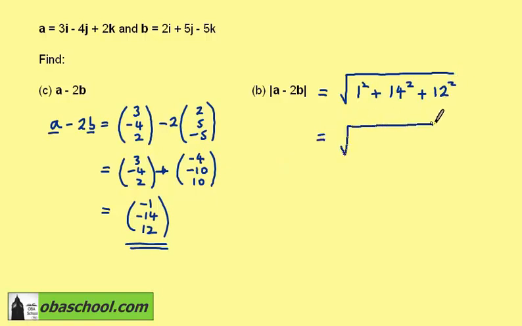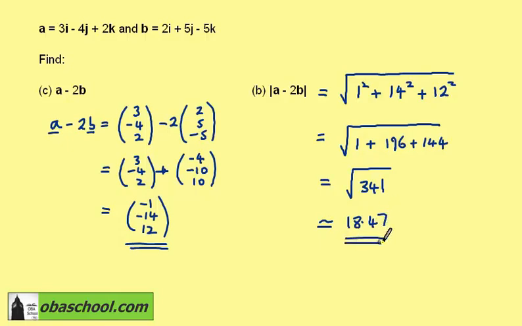So this is the root of 1 plus 196 plus 144, which is root 341. Approximately, this is 18.47.